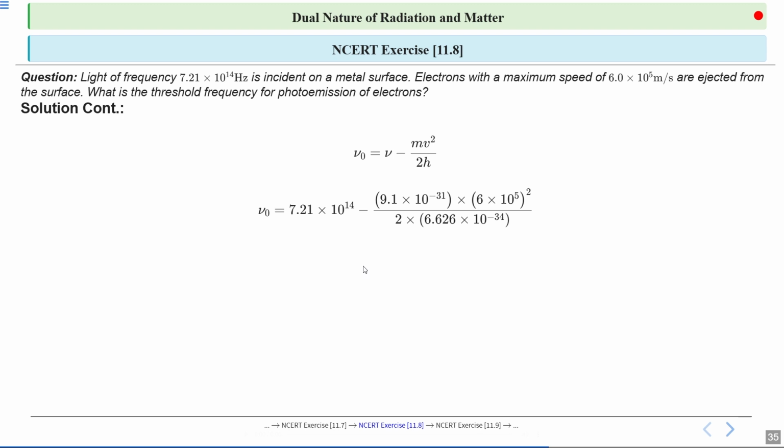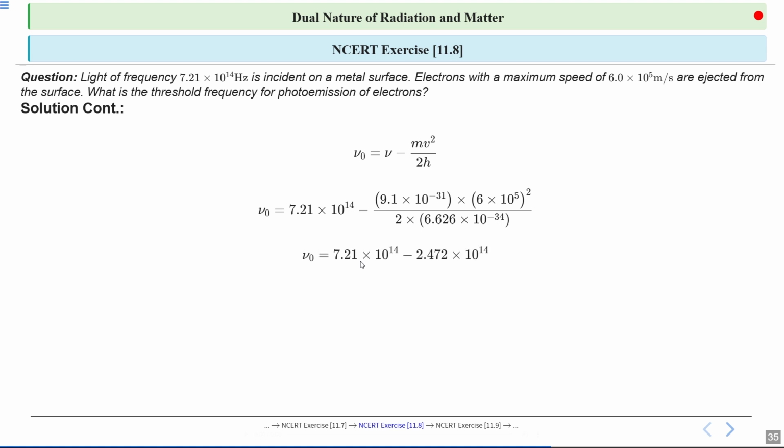So substitute the values into the formula. So nu naught equal to 7.21 into 10 raised to the power 14 minus 9.1 into 10 raised to the power minus 31 into (6 into 10 raised to the power 5) whole square, divided by 2 into 6.626 into 10 raised to the power minus 34.